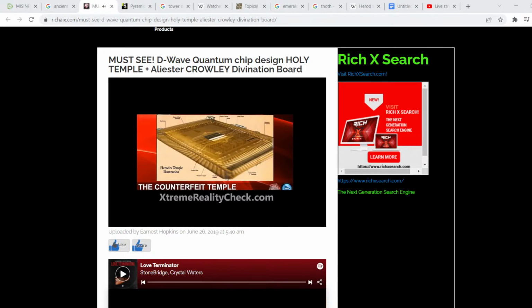What I show you is the wiring diagram of the qubits alongside the geomantic figures, 16 of which comprise geomancy, and of which those 16, their combinations, their iterations, their maximum number of configurations results in 65,536 iterations of 16 geomantic figures. It is exactly the same number as the 10th model D-Wave, comprised of 65,536 qubits.